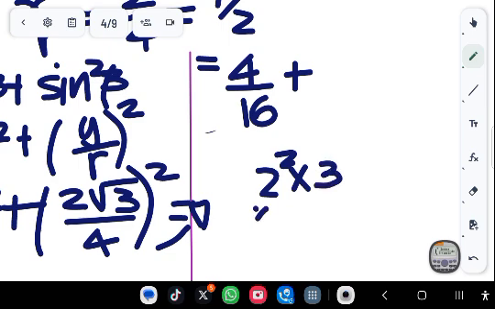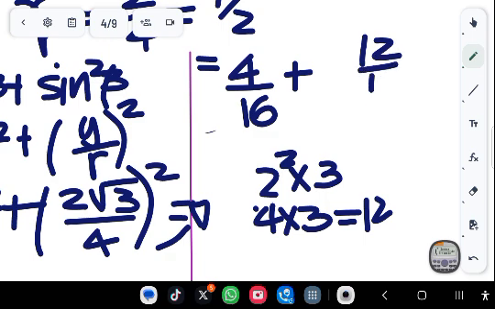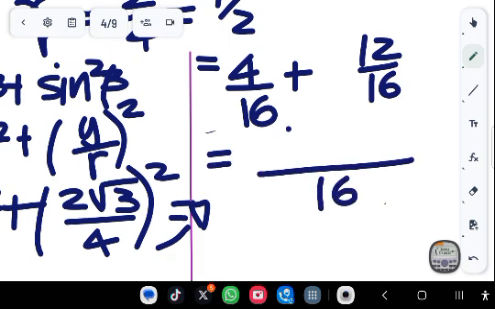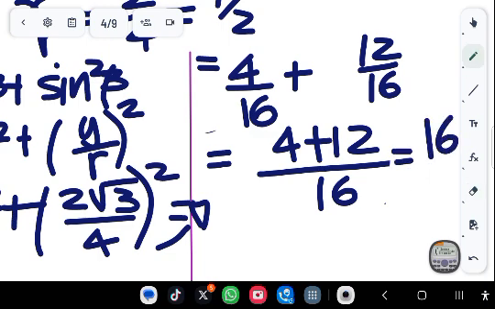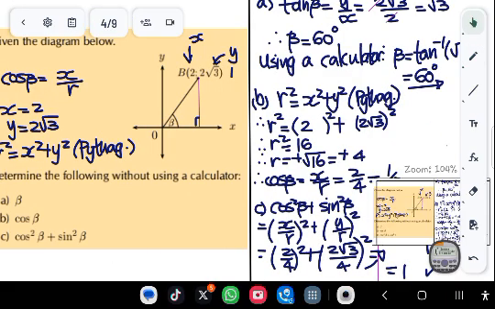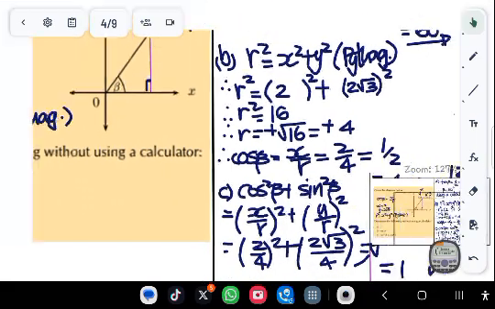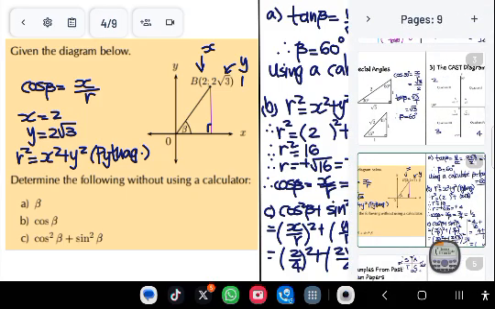So that is 4 times 3, which equals 12. So that will be 12 over 16. With a common denominator of 16, 4 plus 12 is 16, so that leaves us with 16 over 16, which equals 1. And that is us proving the square identity, which says cos squared beta plus sine squared beta equals 1. There is the proof.